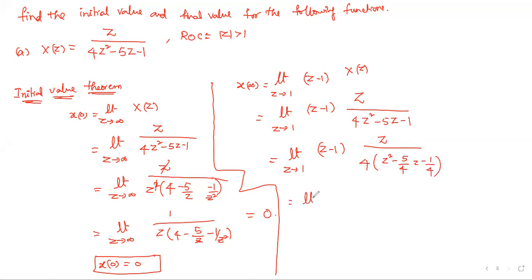Now limit z tending to 1, z minus 1 into z divided by 4 into z square minus 5 by 4 into z minus 1 by 4. To factorize this, for minus 1 by 4 I will consider minus 1 and minus 1 by 4.